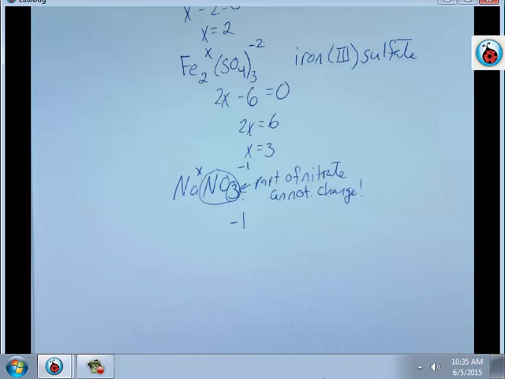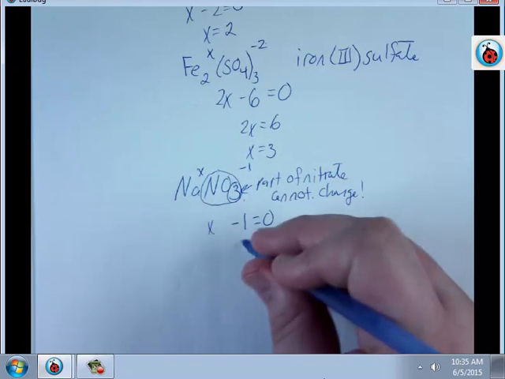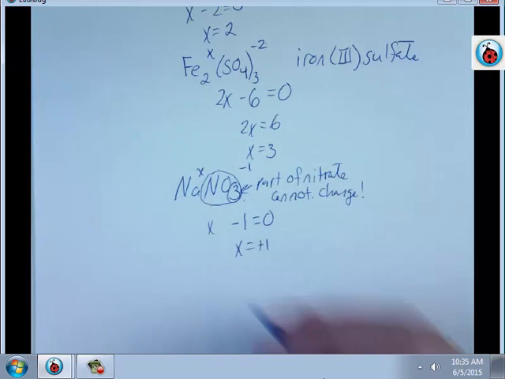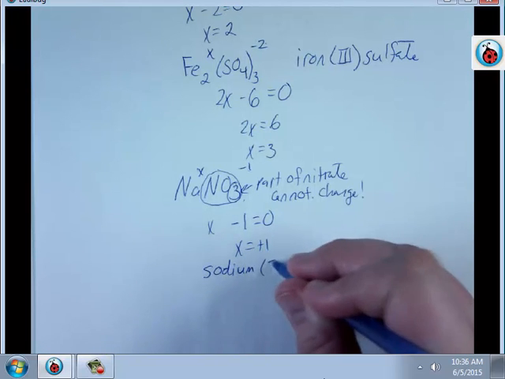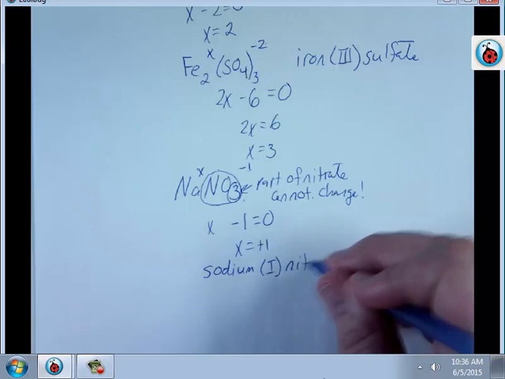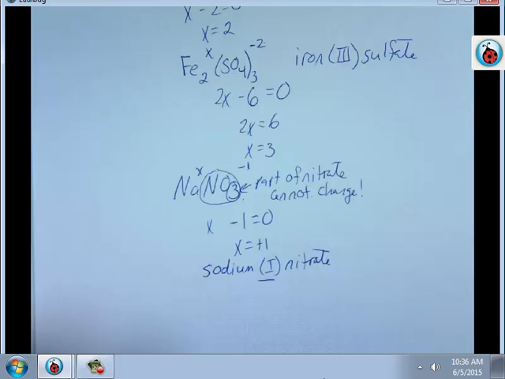X times 1 is X, set equal to 0. X is +1. So this is sodium 1 nitrate. Now, another thing real quick.